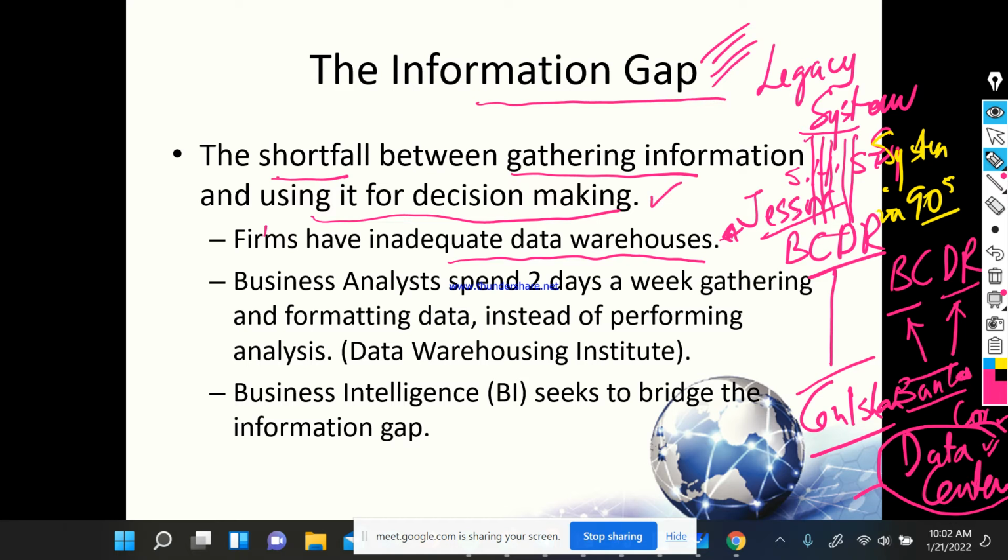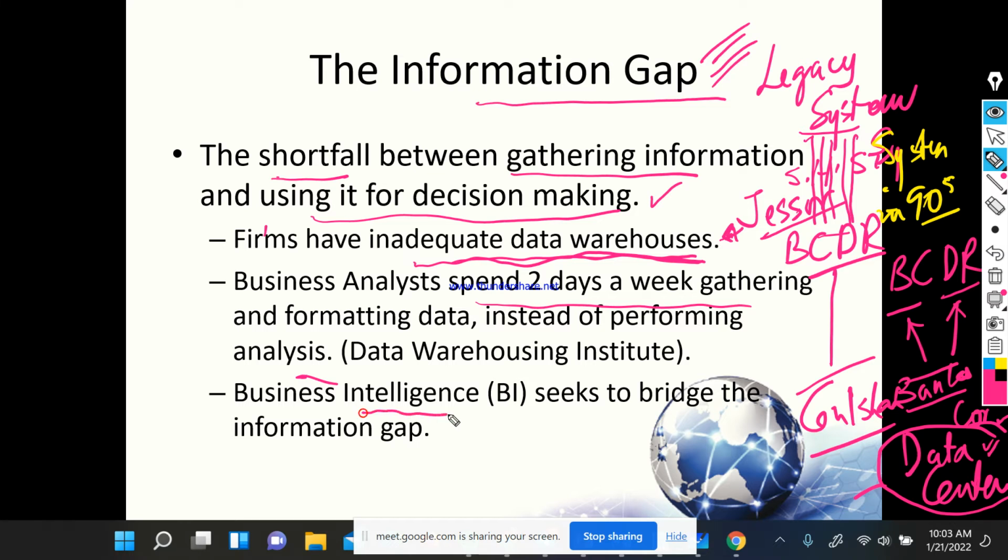So you understand that information gap. There are many pros and cons, but one very important reason is that the infrastructure is very, very expensive. That's why you see inadequate data warehouses, and business analysts spend 2 days a week gathering data instead of performing analysis, because an analyst needs a lot of data, so data collection takes huge time.